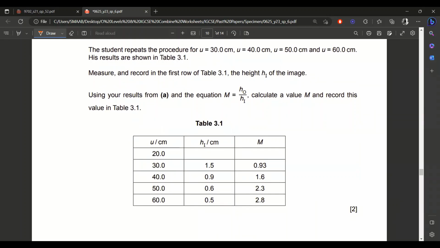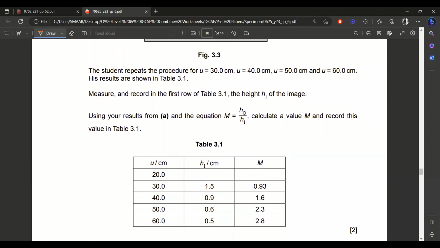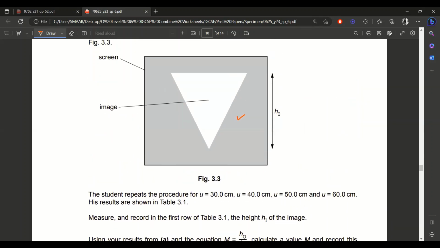Measure and record in the first row of the table the height of the image. So the value of U is mentioned over here, right? We have to write the value of HI. So what will be the value of HI? Again, we have to use the ruler over here, right?